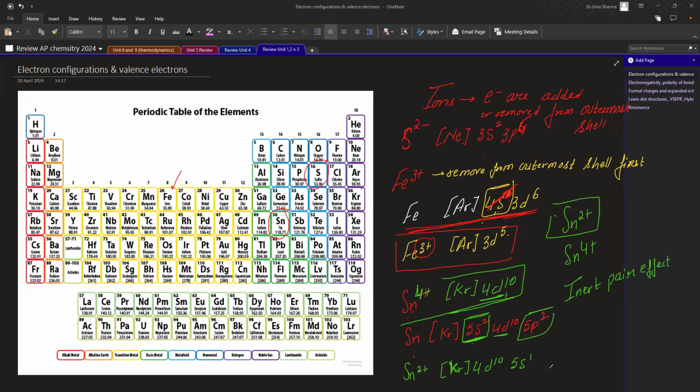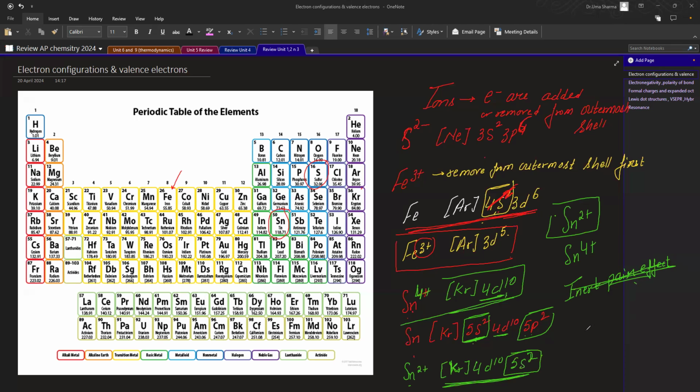There is no stability. That is your 3 plus. And what is 2 plus? 5s2. This is 2 plus. This is still okay, because these electrons are very strongly held by the nucleus due to the poor screening effect of the 4d orbitals, which is not part of our learning. So just ignore it. We are not learning this, children.